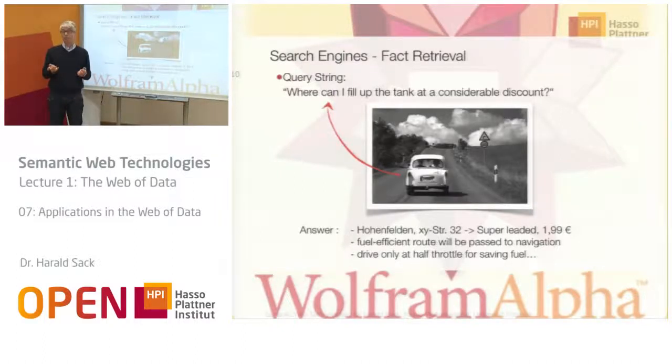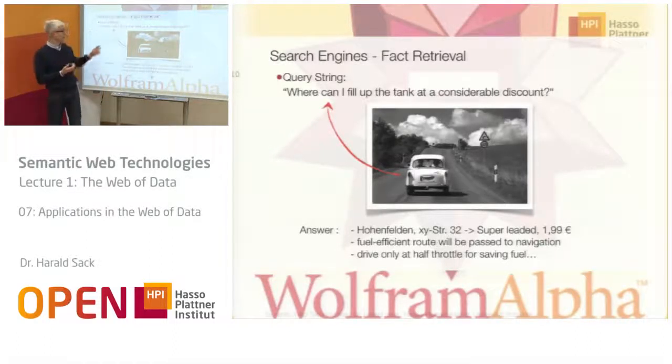And of course, my navigation system has to follow the most fuel-efficient route to that fuel station. And maybe I also have to drive in a way that the fuel really is sufficient to reach that gas station. So I have to drive at half throttle for saving fuel. And this also can be managed in an automated way from some kind of a fact retrieval search engine.